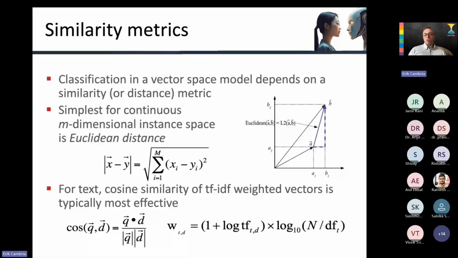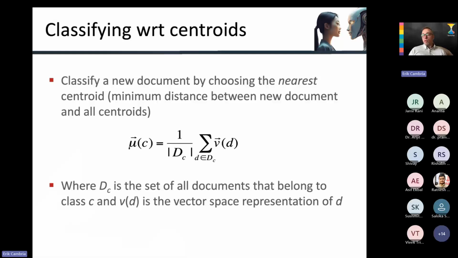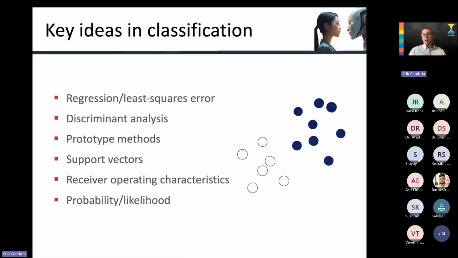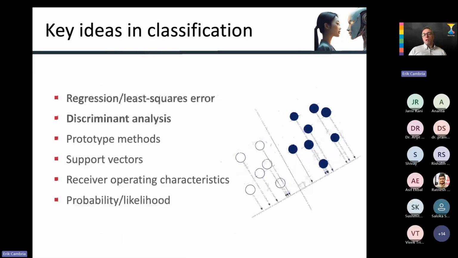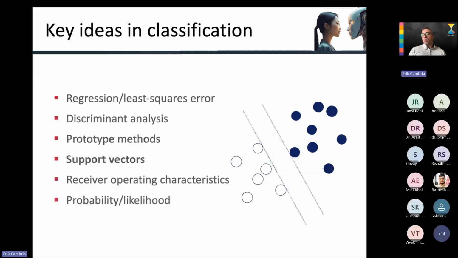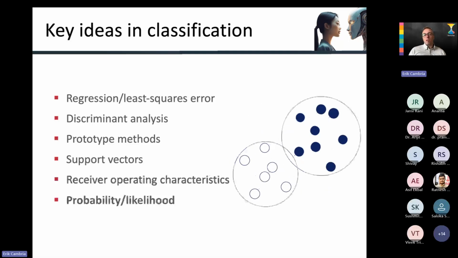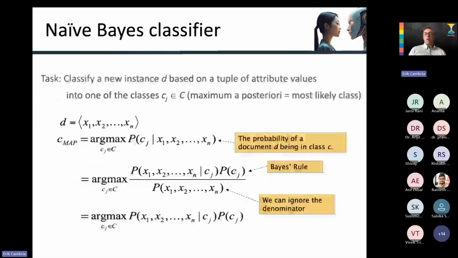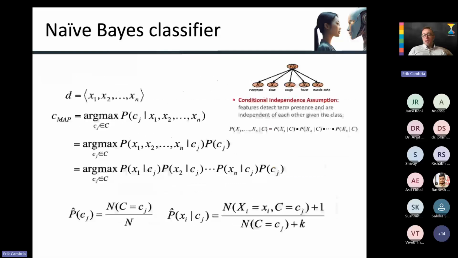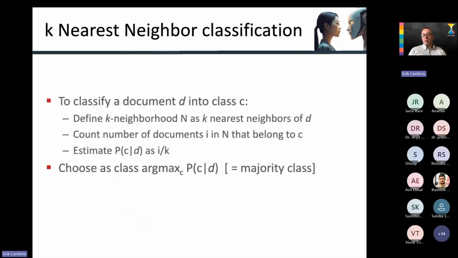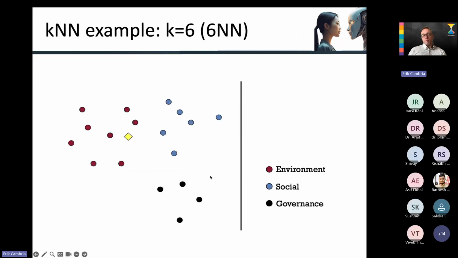So we mentioned the important concept of centroid that we use to classify documents, and there are different paradigms in supervised classification. All these examples, including naive Bayes and KNN that we talked about yesterday, are called supervised because that's when I have some clear classes and labels, so that, for example, I can calculate the conditional probability.